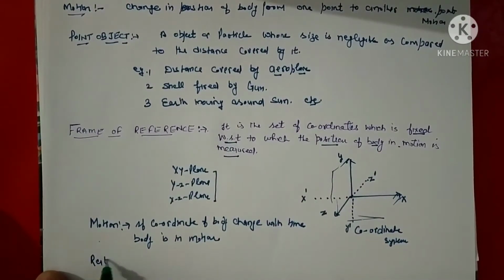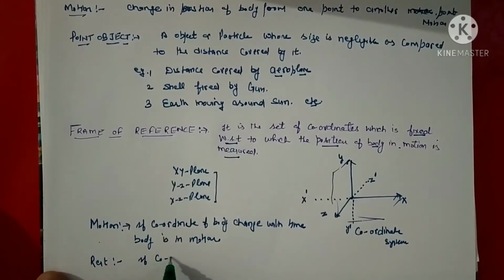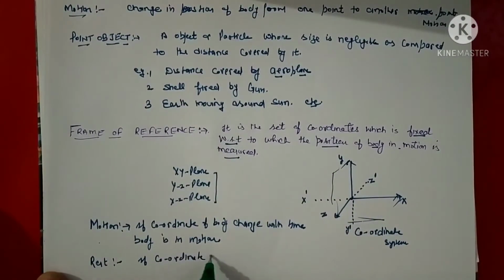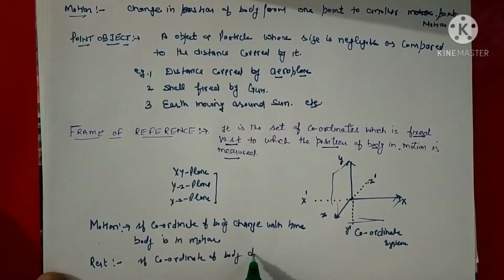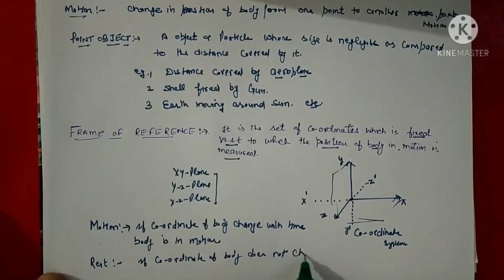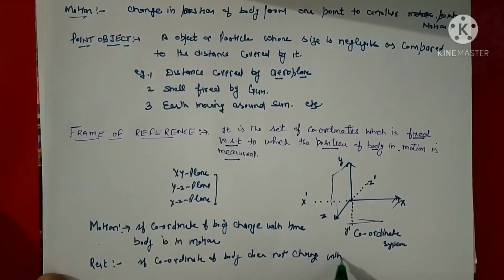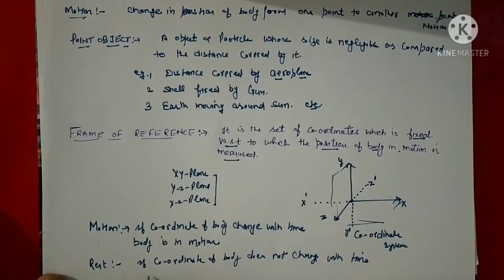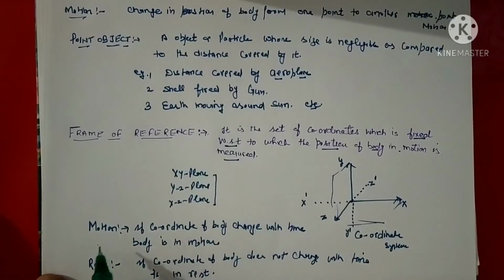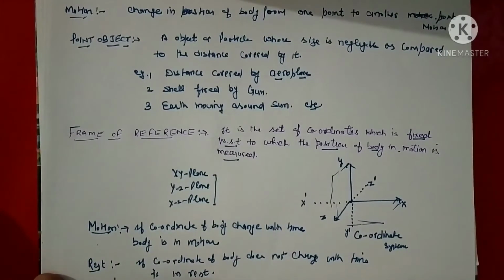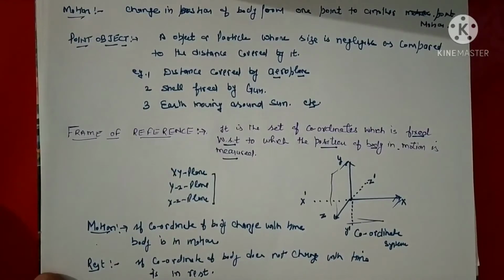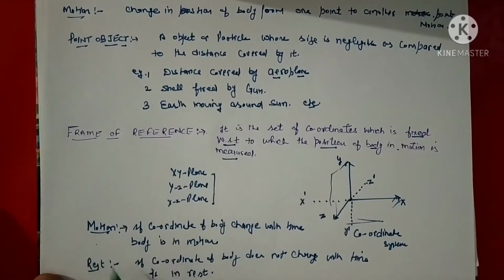And rest we can define: if the coordinates of a body do not change with time, it is at rest. So these two points we will discuss one by one when we discuss motion in 1 dimension, motion in 2 dimensions and motion in 3 dimensions. If the coordinates change, the body is said to be in motion, and if the coordinates do not change, the body is said to be at rest.